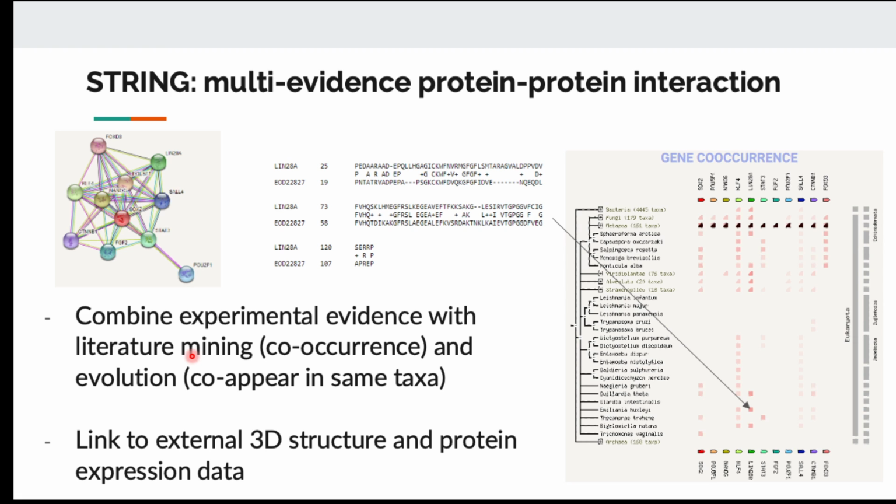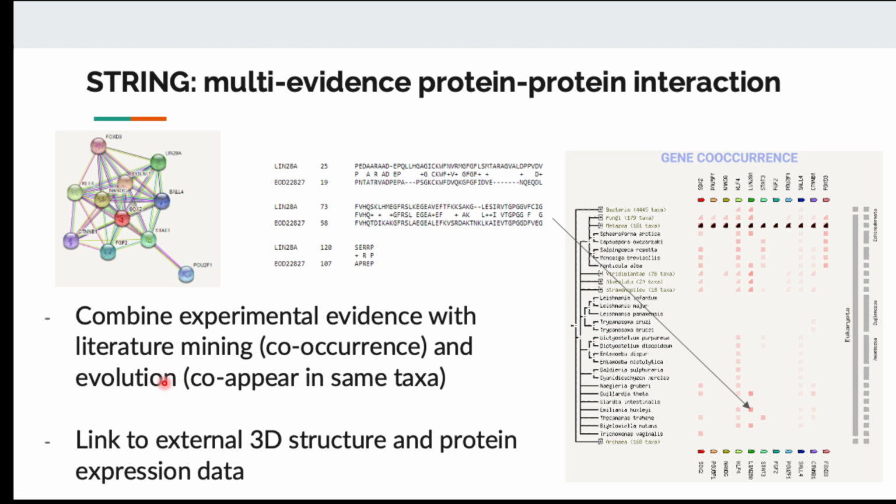So if you go through biological papers and you find two proteins that are mentioned together very often, that's a good evidence that maybe these two proteins work together somehow in some context. So in STRING, they will draw the line between these two proteins as well, proteins that co-occur together in the same paper.